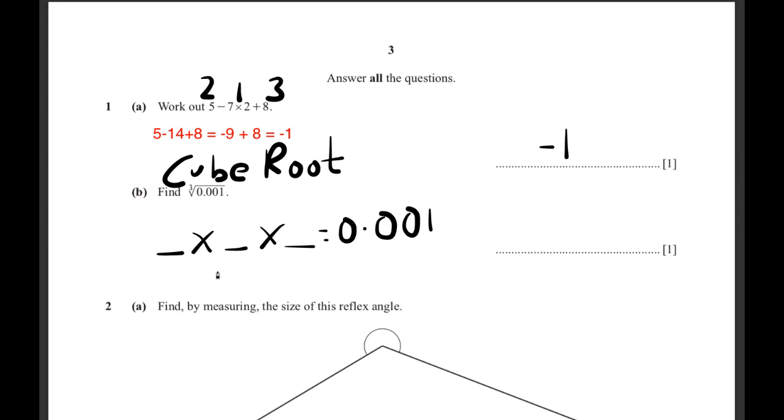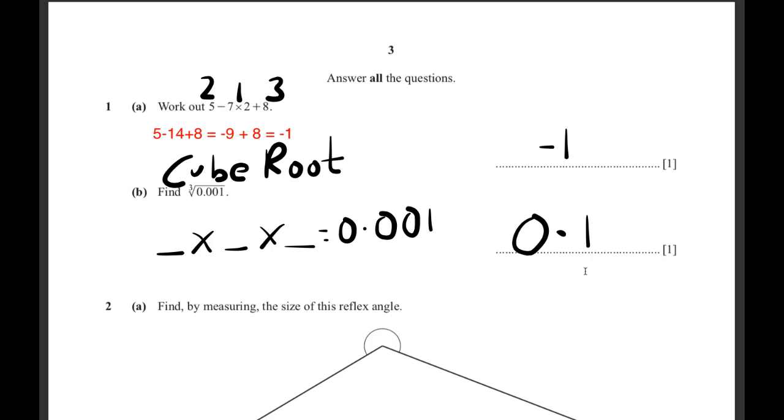Once you think about it like that, the answer 0.1 comes to mind quite quickly. 0.1 times 0.1 is 0.01, and then 0.01 times 0.1 is 0.001. So just keep working through that kind of question steadily, looking for whether it is a square root or a cube root.